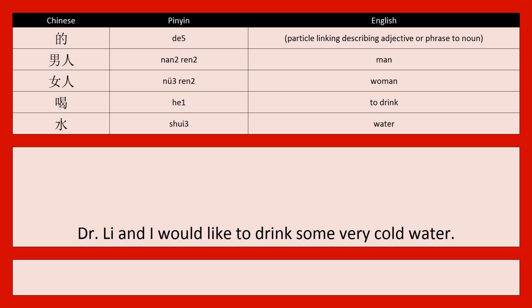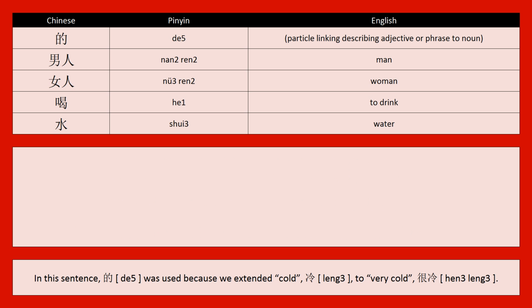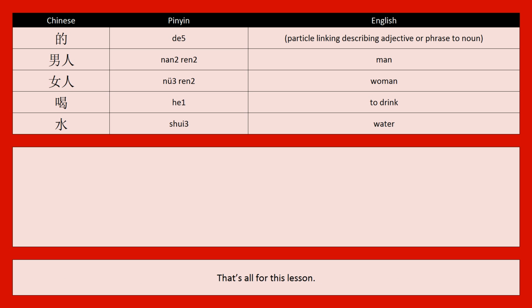Dr. Lee and I would like to drink some very cold water. 李医生和我想喝很冷的水。In this sentence, 的 was used because we extended cold, 冷, to very cold, 很冷.